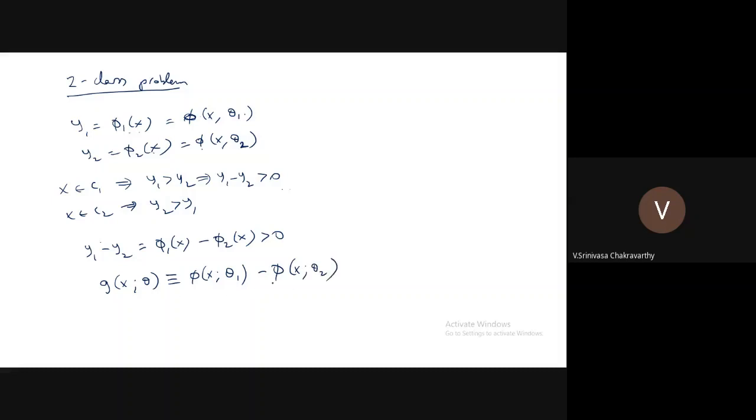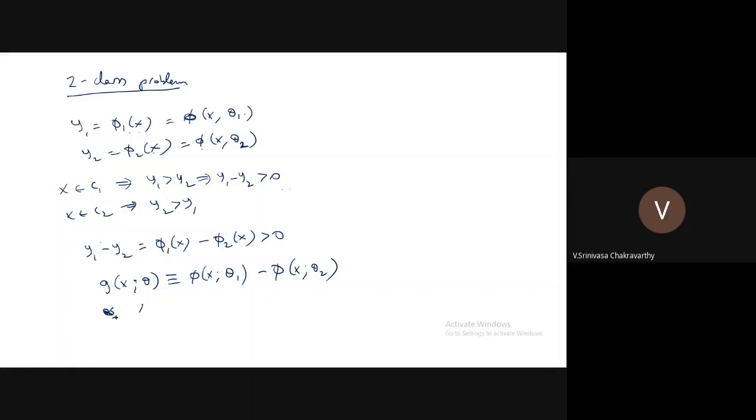Okay, so this difference, because the classification depends critically on this difference, right? So now not on actual individual function, but only on the difference. So let me define a new function g, which represents the difference.